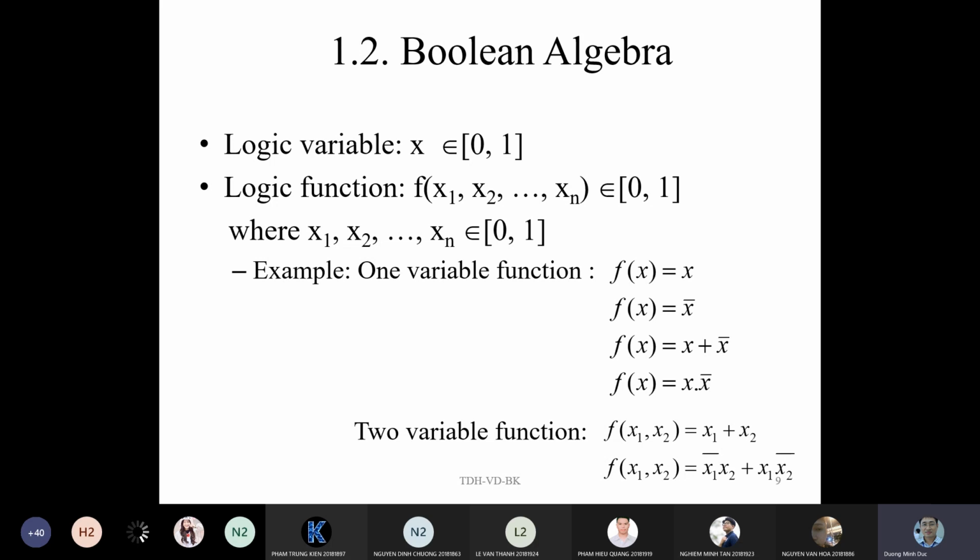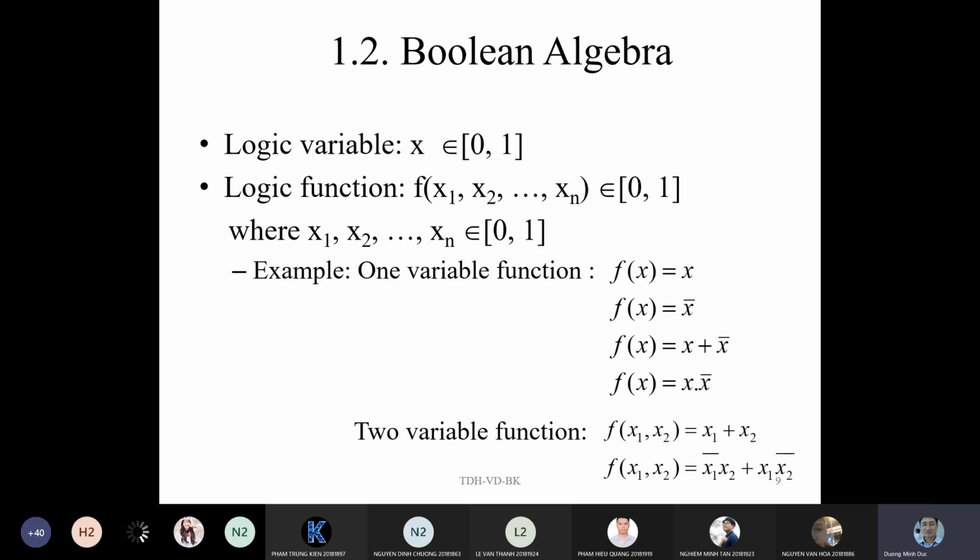Of course, when we present them as logic variables, we use some mathematical tool like Boolean algebra to present, solve, synthesize, develop or design something related to the logical function.